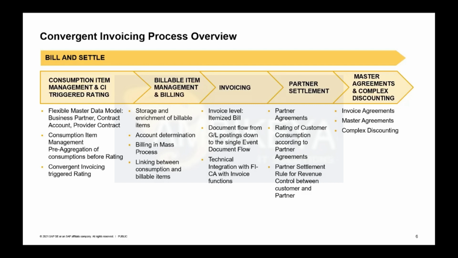So the very first process step, the consumption item mapping and the CI-triggered rating, is optional in this component, but the rest, the billable item management and billing and invoicing, is not optional. You have to have at least a billable item as the start of the process.